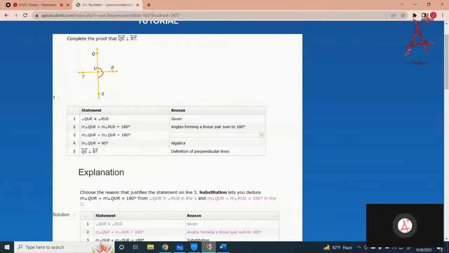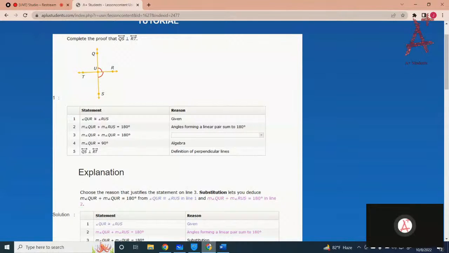The statement is angle QUR is congruent to angle RUS. That is given in the statement. Then you have measurement of angle QUR plus measurement of angle RUS equals 180 degrees. Angles forming a linear pair sum to 180 degrees. Got it?